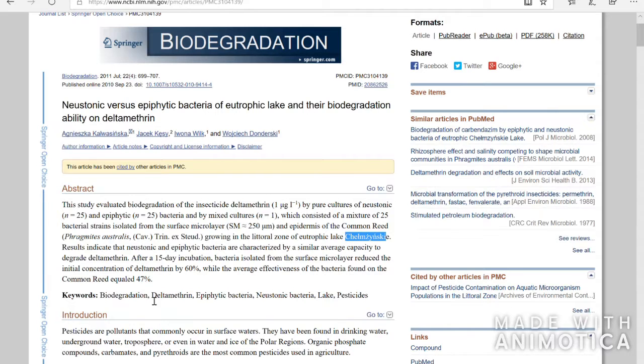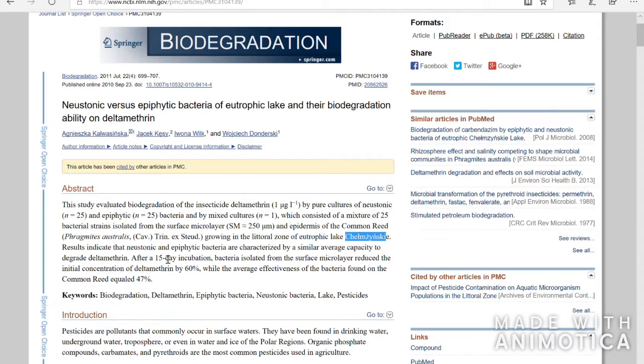Okay, so let's reword the paper. There is this insecticide, deltamethrin, in this eutrophic lake, and they measured two types of bacteria and a mixed culture from the common reed to see just how much it can degrade deltamethrin in this eutrophic lake.